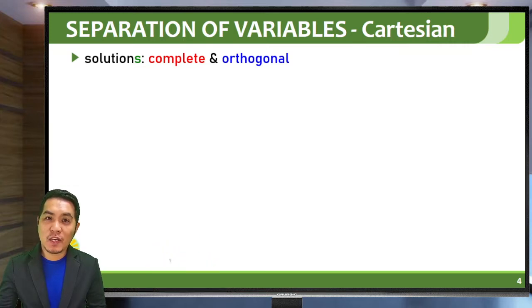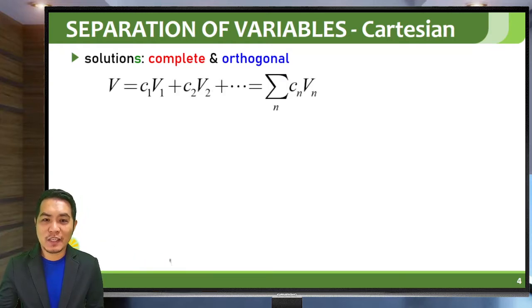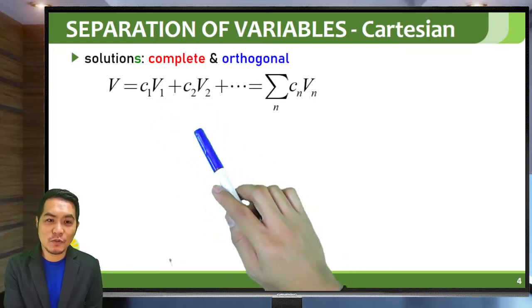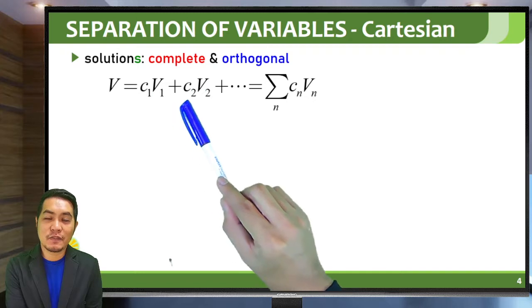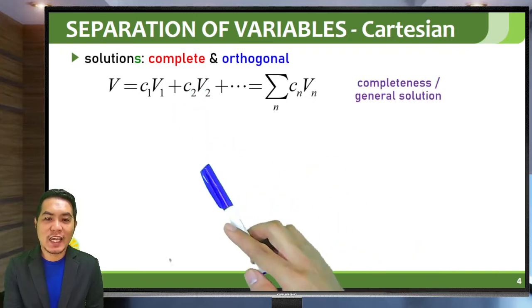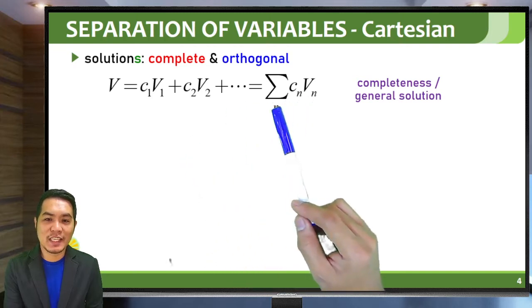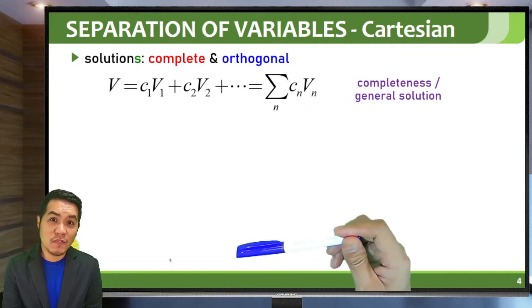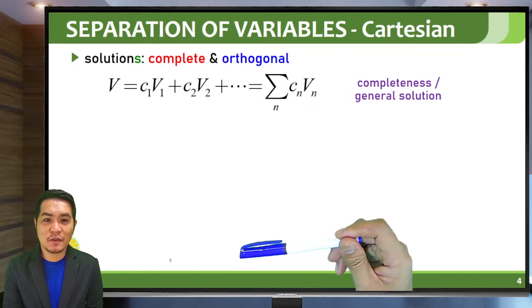If you recall from your linear algebra or mathematical physics, if there are many solutions to an equation, then a combination of them is also a solution. In general, if V1, V2, V3 up to Vn are solutions, then any combination of them is also a solution. Specifically, this is a linear combination, and the Cn's, C1, C2, C3, C4, are what we call the linear combination coefficients.